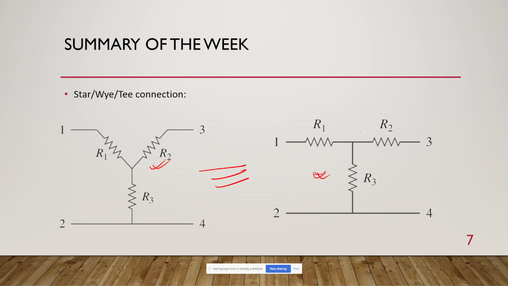So that is why it is called a T connection. Because it is looking like a T. So topology wise, both of these are the same. Connection wise, both of these are exactly the same. It's just that you have twisted it in some manner and said that this is star connection, this is T connection.